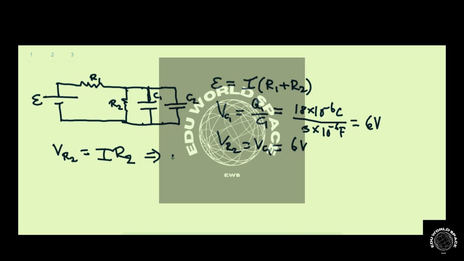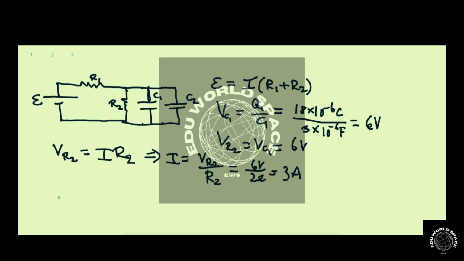The current is VR2 over R2. When we plug in the numbers, we get 6 volts over 2 ohms, which is 3 amperes of current. So now we know the current.